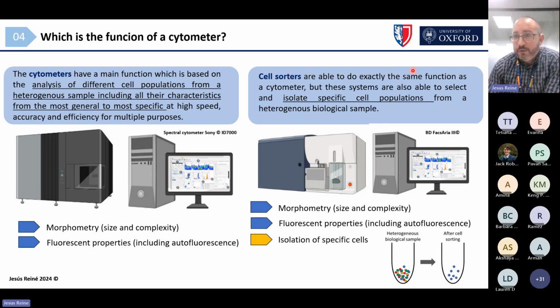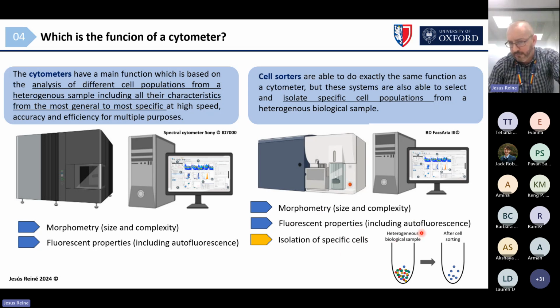There is a different kind of instrument, slightly more complex than cytometers, called cell sorters, which are able to do exactly the same as a cytometer, but the main difference is that these instruments are able to isolate specific cell populations. So we can do the same identification of the cells based on morphometry and fluorescent properties, but we can also isolate cells.